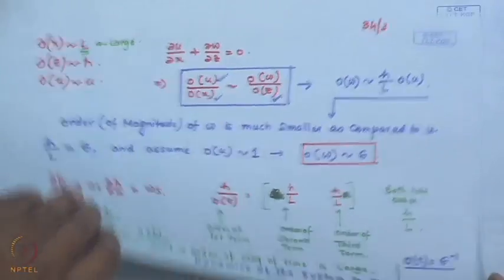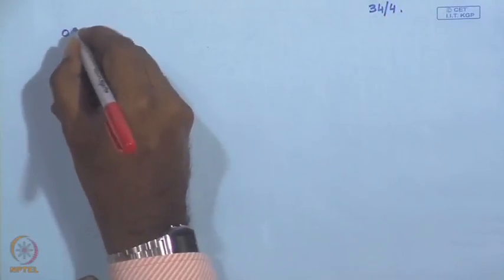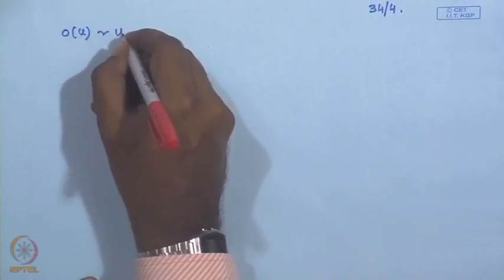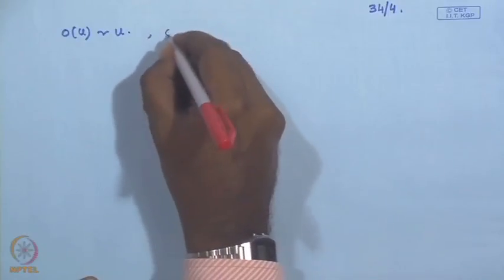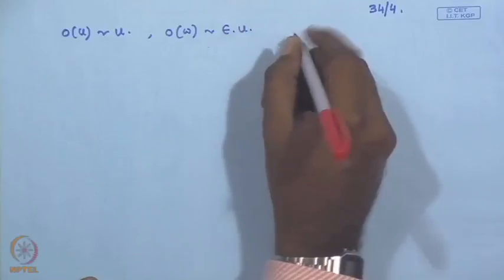so here are the orders we have. Order of u is u, order of w is epsilon times u.